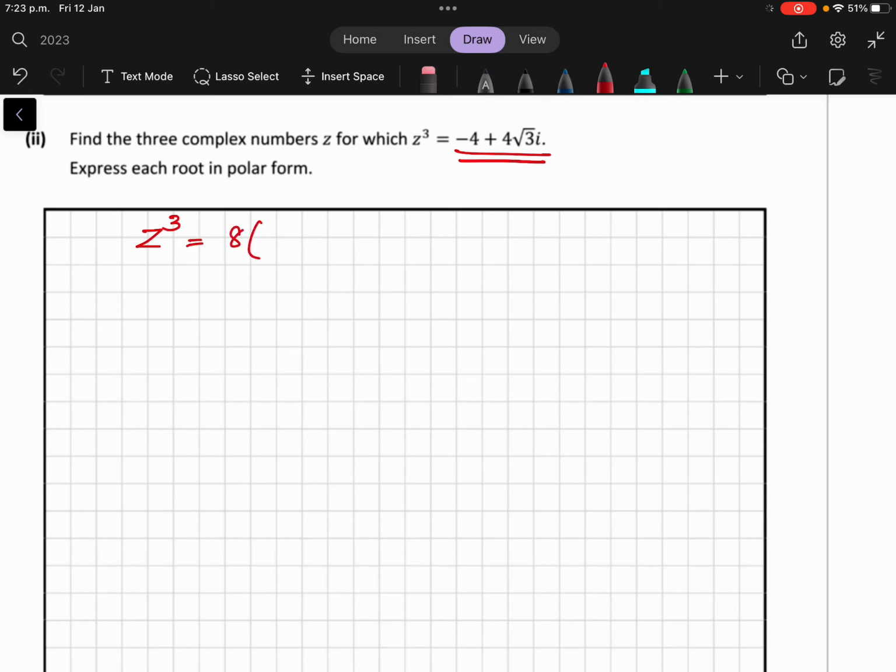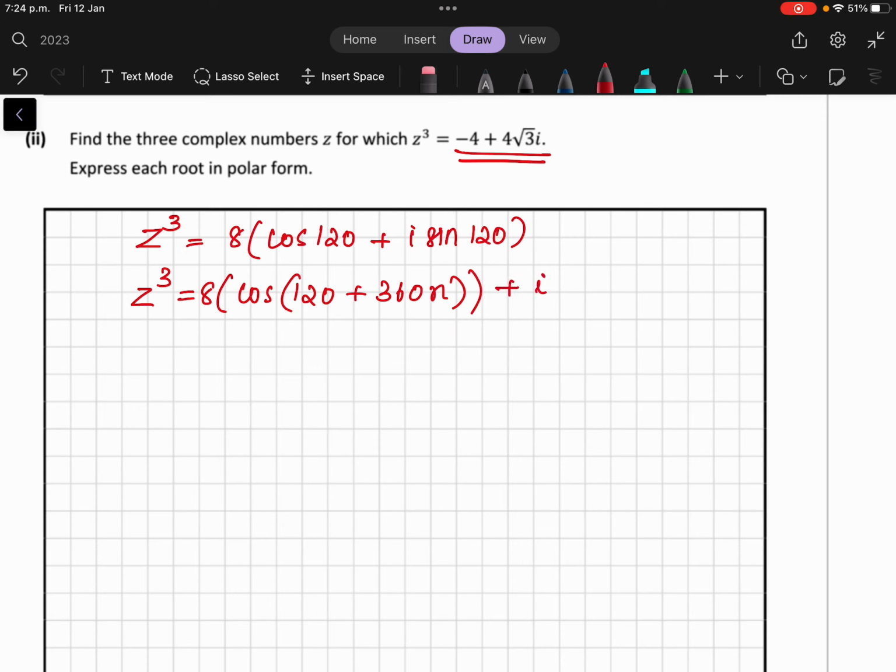You can write this as z cube equal to 8 times cos 120 plus i sine 120. We already found that in the previous one. Now you just need to write it in the general form: 8 times cos of 120 plus 360n plus i sine of 120 plus 360n.